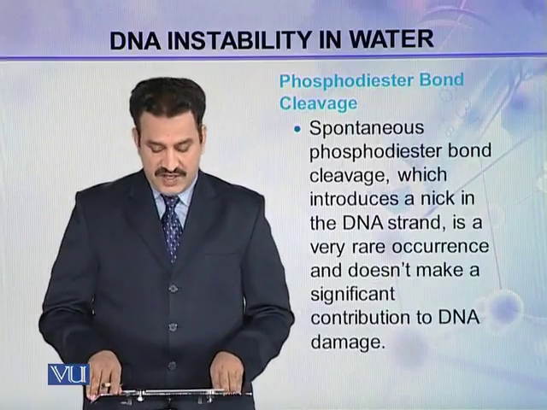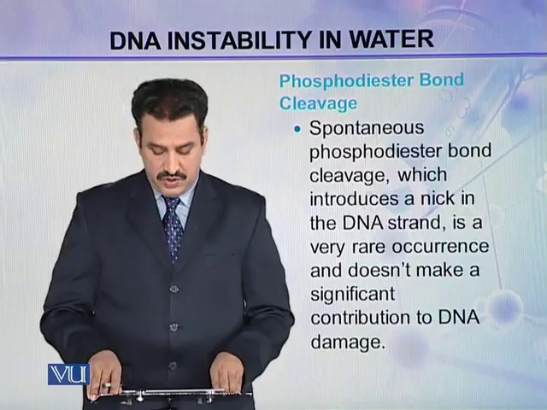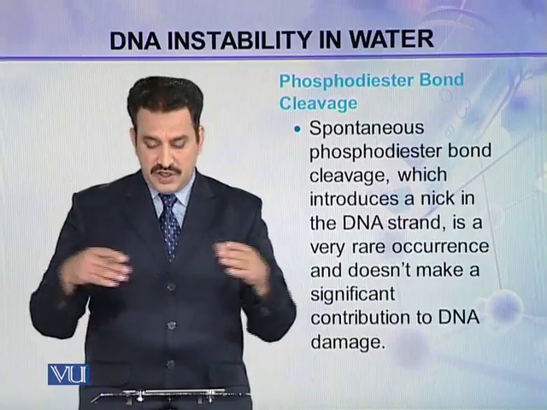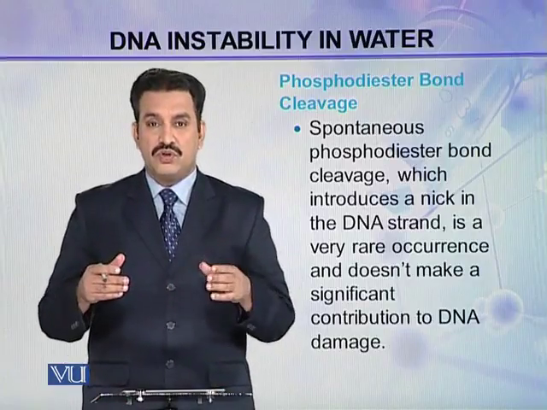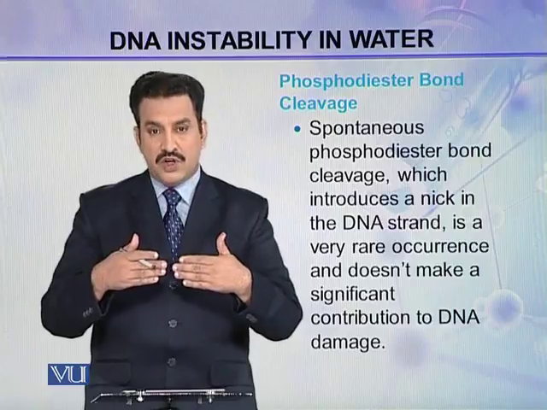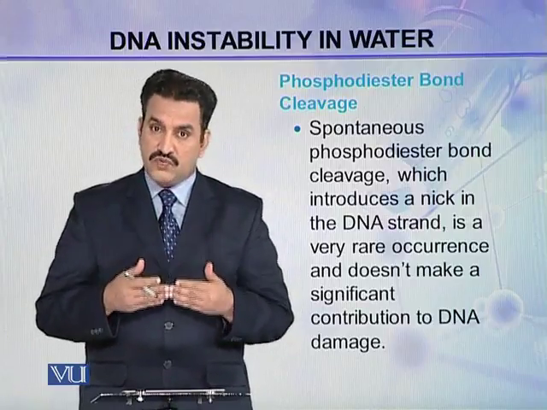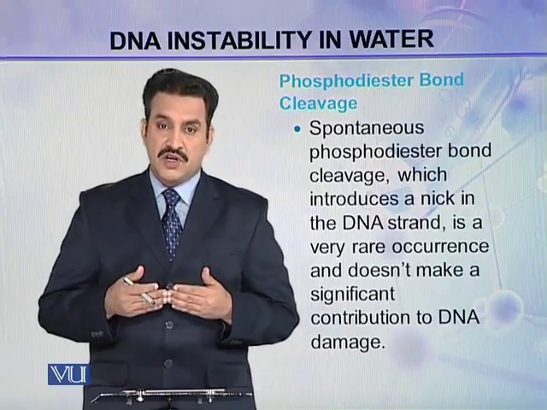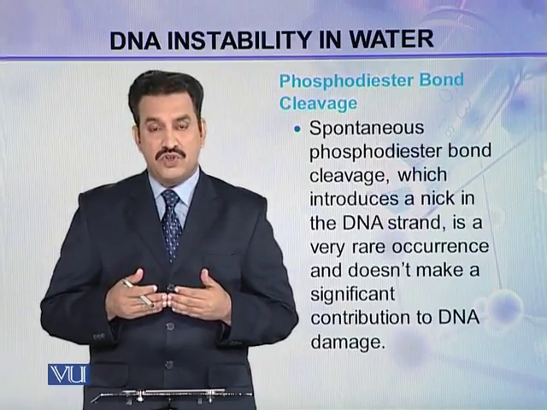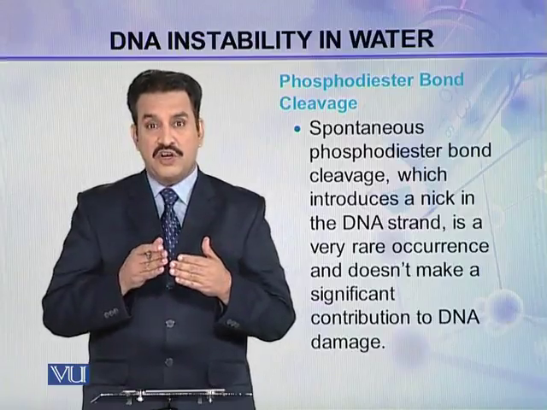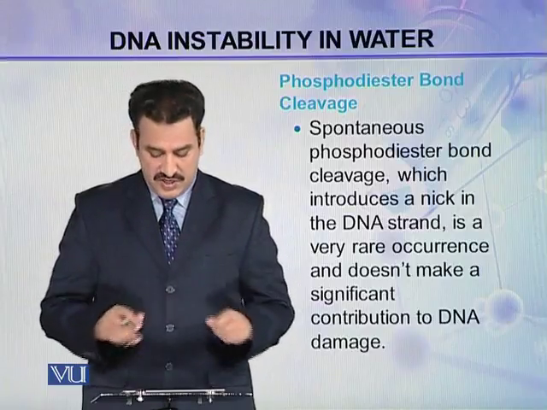Spontaneous phosphodiester bond cleavage introduces a nick in the DNA strand. So in a DNA strand, two nucleotides are joined together through a phosphodiester linkage. These phosphodiester linkages can be broken down spontaneously, so it produces a nick in the DNA strand.